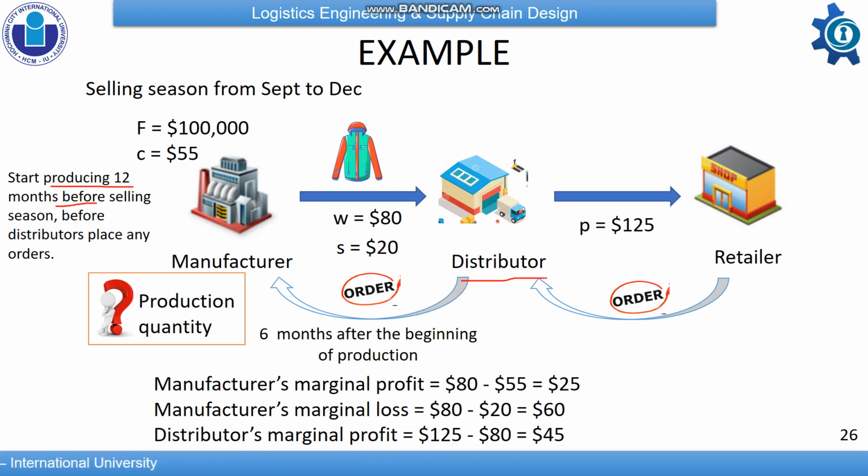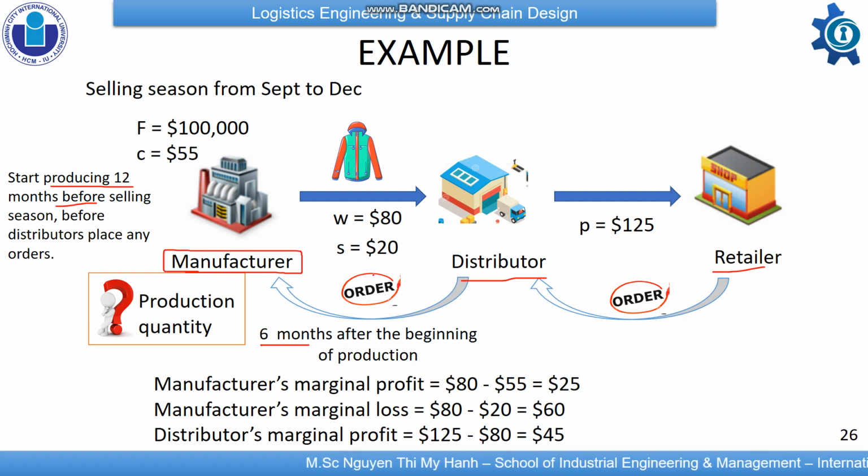However, the distributor makes orders 6 months after the beginning of production. So the manufacturer produces first before they receive the orders from the distributor. In this case, the manufacturer is the one who takes the risk and the distributor doesn't take any risk.